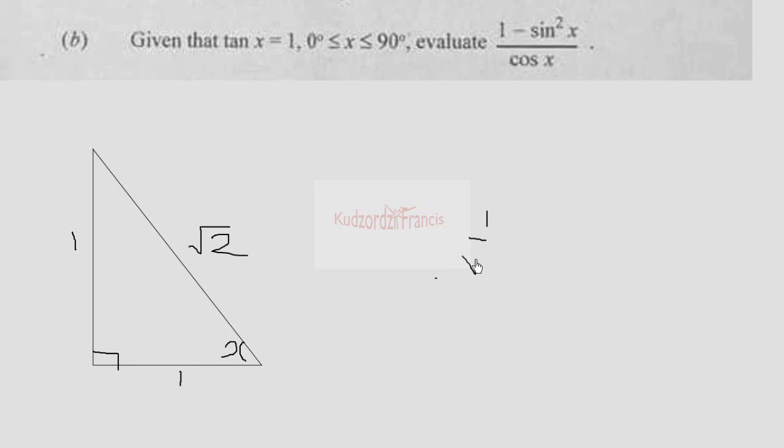And if you do 1 over root 2, you get root 2 over 2, which will give you the answer for this thing. Or you can still put 1 over root 2 here and 1 over root 2 here and simplify. You still get root 2 over 2.